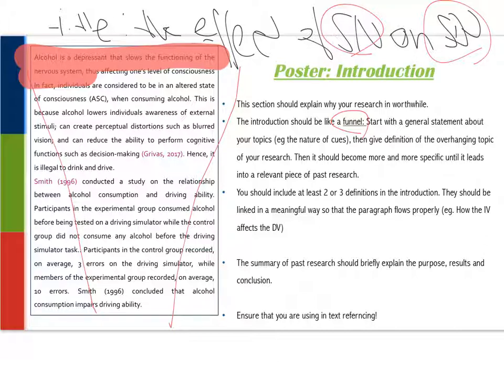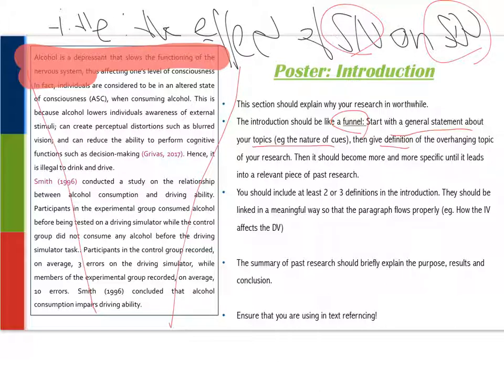So what I would suggest you do is you start off really general and you give a statement along the lines of a sentence about the nature of cues, for example. Then you would go into your key definitions of the topic, and then it needs to get more and more specific.